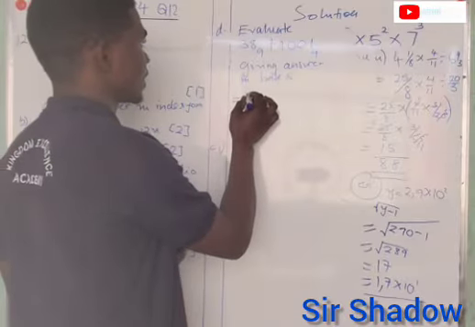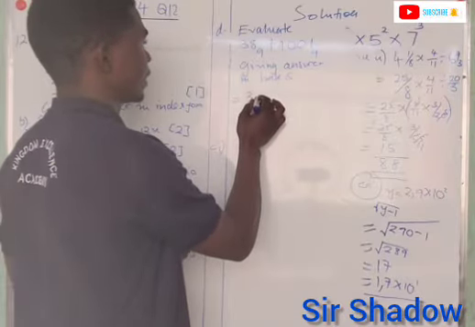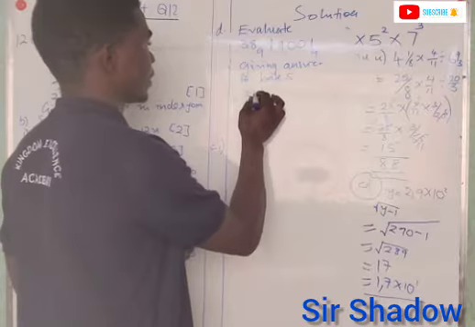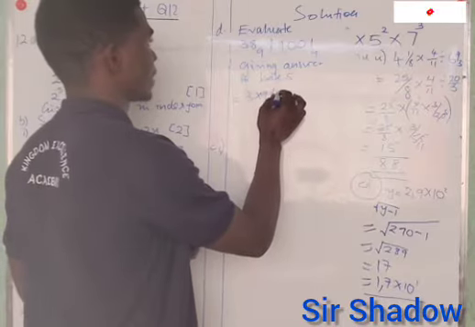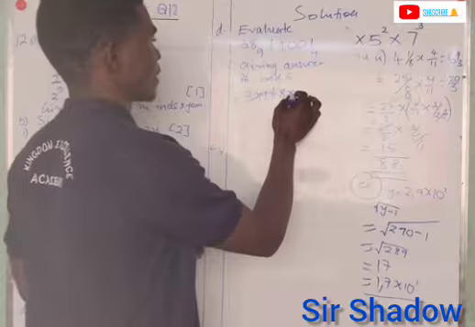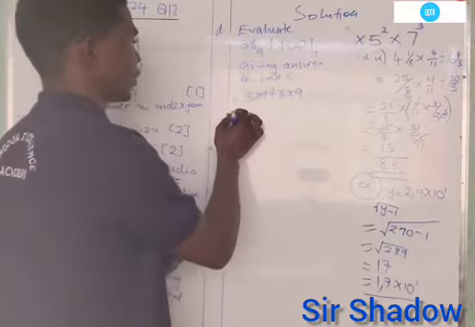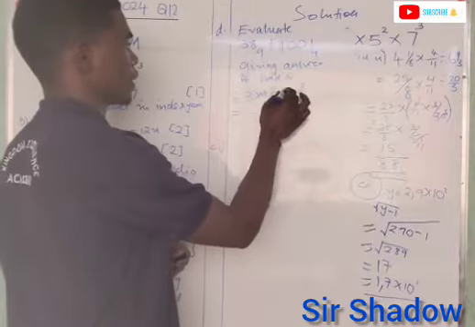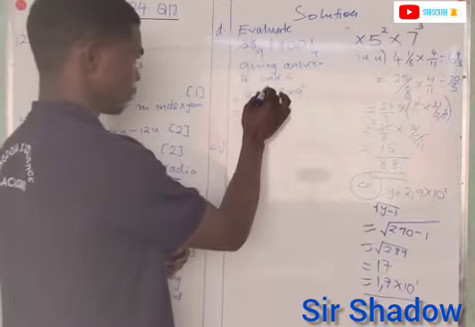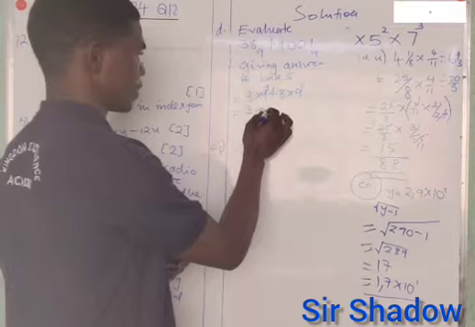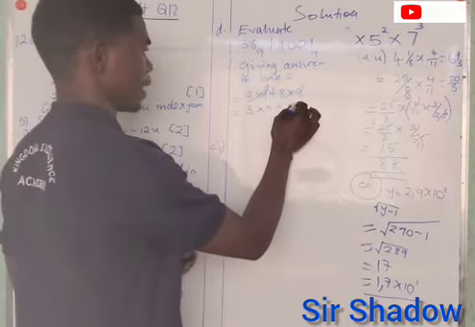So we have 38 base 9, which is 3 times 9 to the power 1 plus 8 times 9 to the power 0, which is 3 times 9 plus 8 times 1.